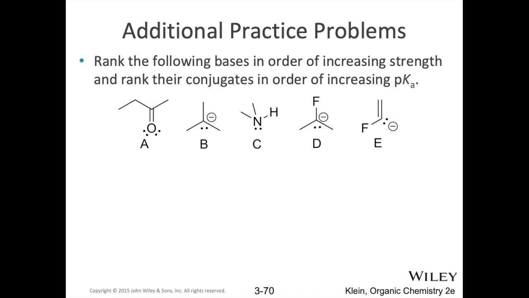Okay, and if we come back, we can look at each of these examples. If we're looking at them in terms of increasing strength as bases, another thing to look at is how reactive they are, or how stable they are. For the ones that have negative charges, how good are these at stabilizing that negative charge? For the ones that aren't charged, if they're acting as bases and we were to protonate them, how stable are those protonated versions?